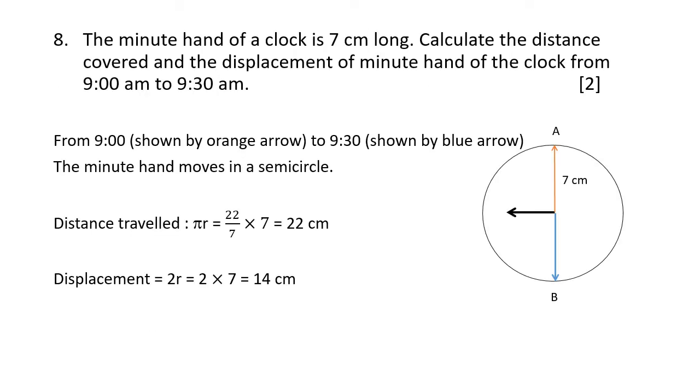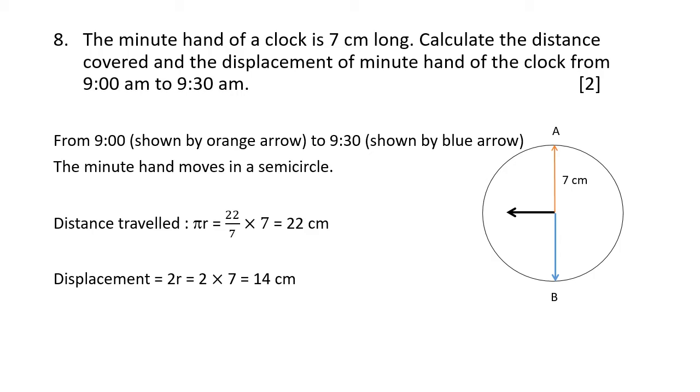Now this was the tricky question in which many of you had a doubt. If you look at a clock, the minute hand of a clock is rotating in a circular motion. Here it is not linear motion, it is circular motion. So I have drawn, if you look at the diagram, I have shown the hour hand by the black arrow, the minute hand that is 7 centimeter long by the orange arrow when the time is 9 o'clock.